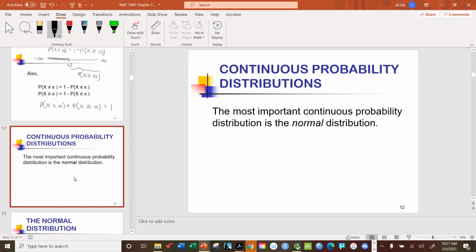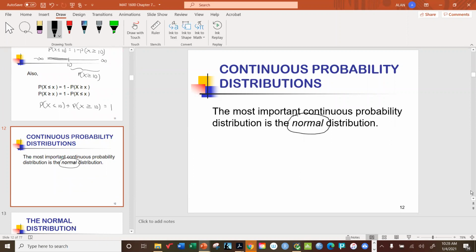we're going to introduce the most important of all the continuous probability distributions, and that is the normal distribution. Well, I would have to say that if you're going to remember one thing from this course, this is the most important thing that you'll learn, because you'll see it in many, many different applications.